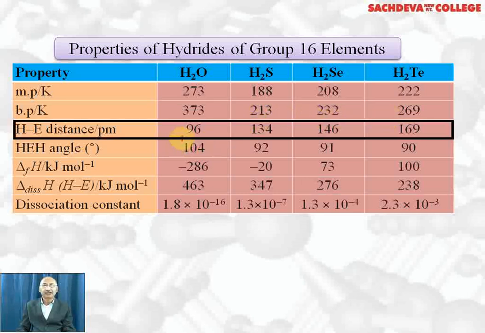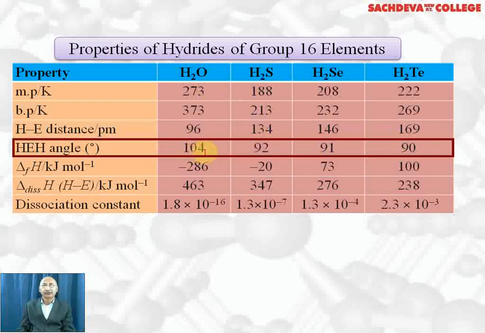Bond length in the OH bond is the lowest and in the H-Te bond is the highest. So down the group, bond length goes on increasing due to increase in size of group 16 elements. Bond angle goes on decreasing down the group due to increase in size of the central atom. So water has 104.5, H2S 92, H2Se 91, H2Te 90.